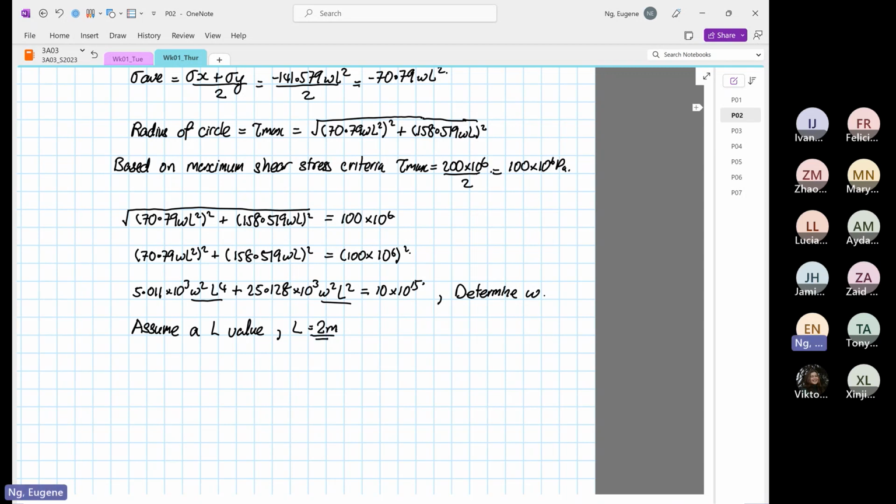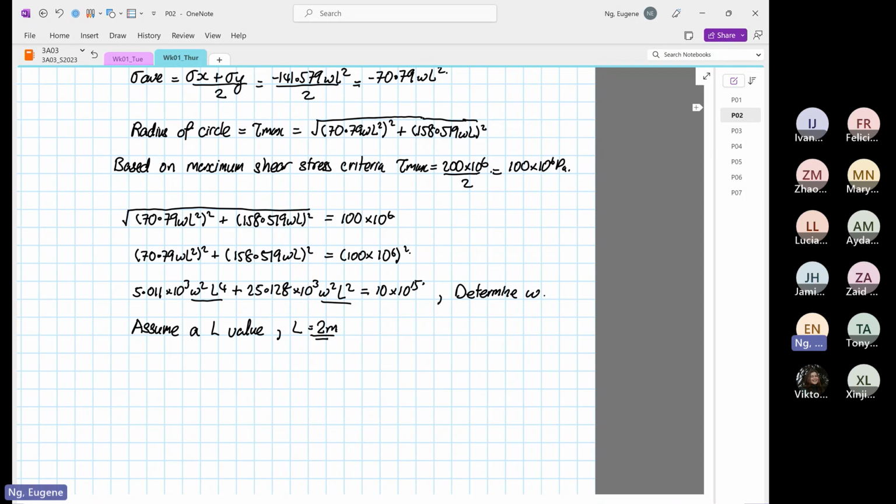I'm going to make that assumption, and once this assumption is made, you have to declare it. So we are going to declare that L is equal to 2 meters. You can also say L is equal to 1 meter, no problem. Once you declare L is equal to 2 meters, then you can determine your what?